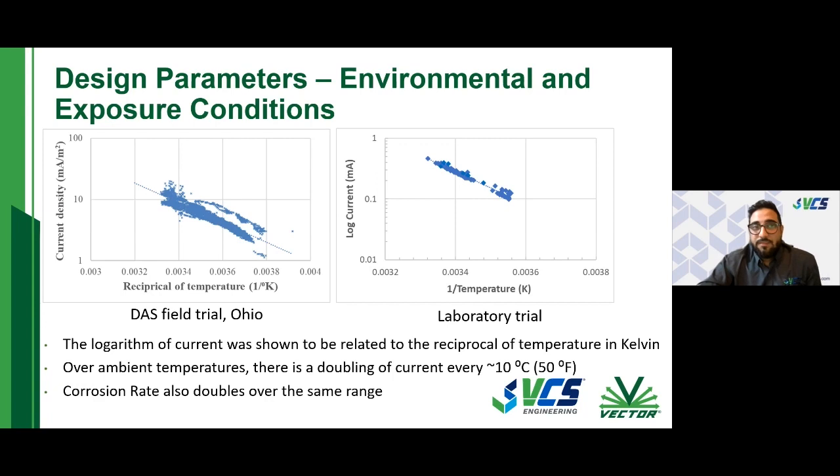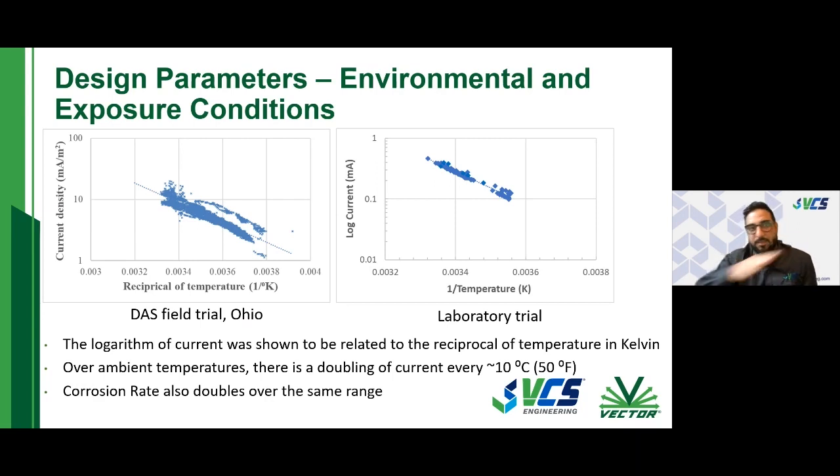Next is obviously the effect of temperature. We need to understand how temperature affects corrosion rate, but also our anode current output. And so here is a field trial that we did out in Ohio with the distributed anode systems. On the graph on the left here, on the x-axis, we have the reciprocal of temperature in Kelvin, and on the y-axis, we have the logarithmic values of the current density that was produced by the anodes.